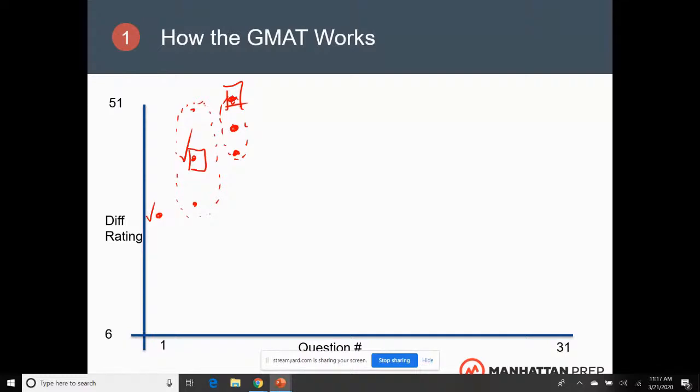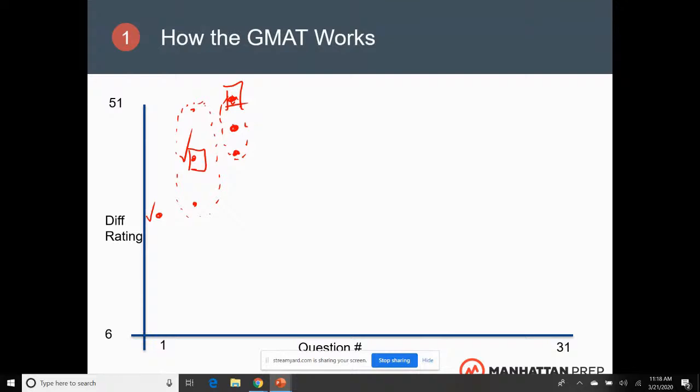You are now, mathematically speaking, infinitely far away from the computer's desired accuracy rating. The computer is freaking out right now. The computer does not know what to do. And so the computer is thinking, I must get some wrong questions from this person. And so it will continue handing you hardest questions until it starts to see wrong answers from you.